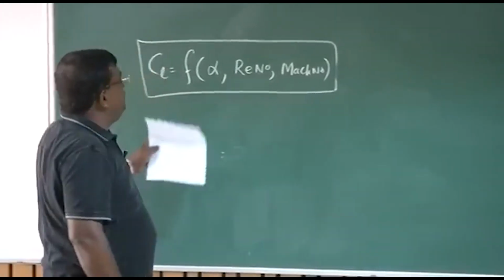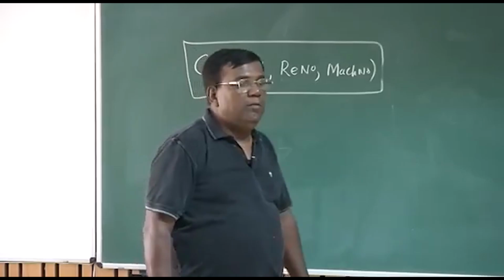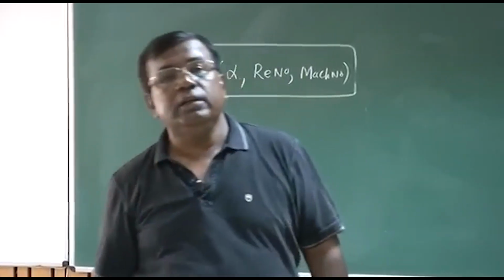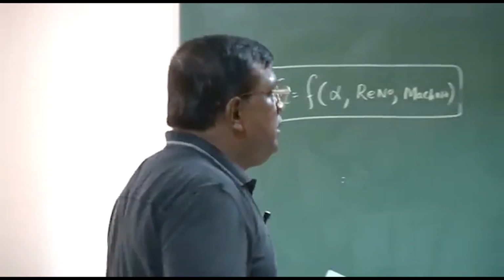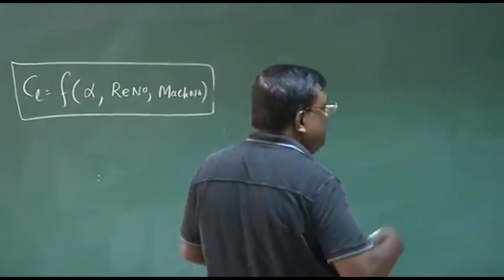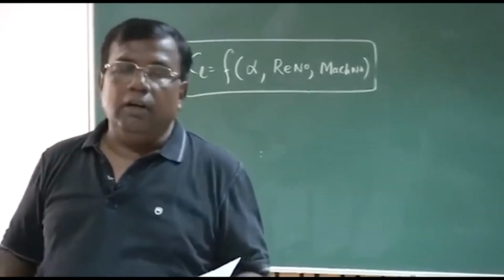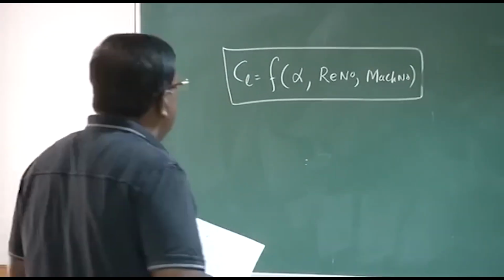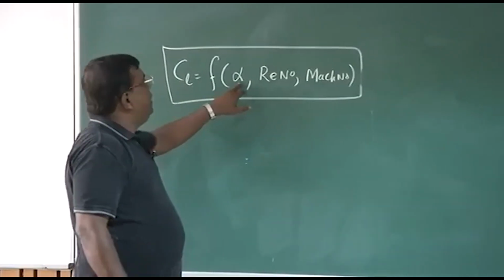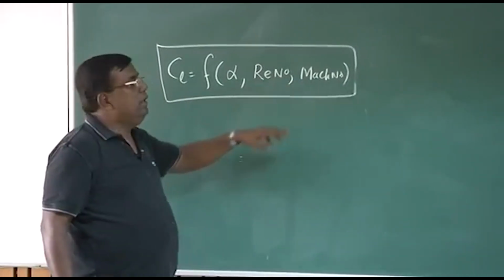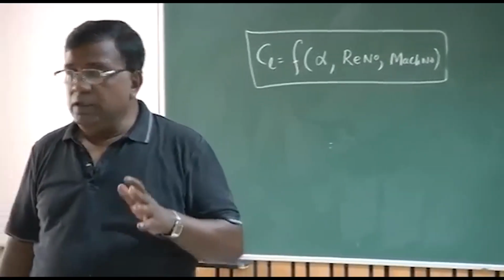If I try to give a physical interpretation to this, it says, if I am having two geometrically similar configurations, you understand, their lengths are proportional. If you have geometrically similar configurations, then to know the variation of CL with alpha, Reynolds number and Mach number, I need to do a very limited number of experiments, and be careful.